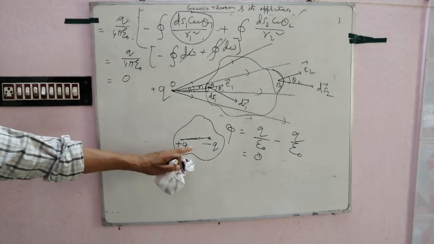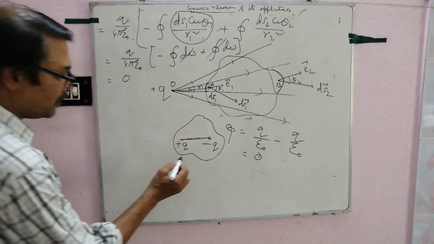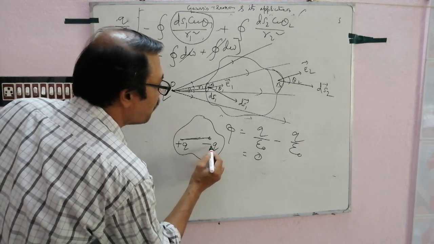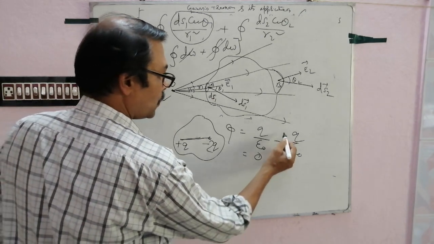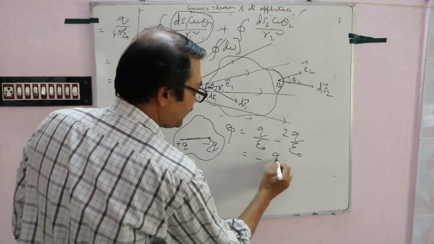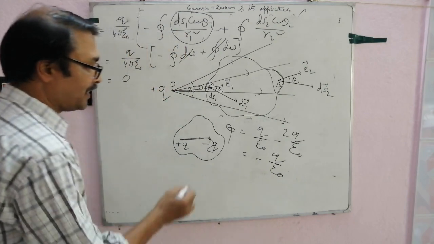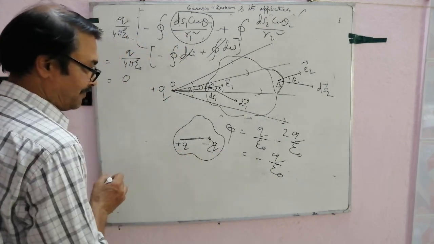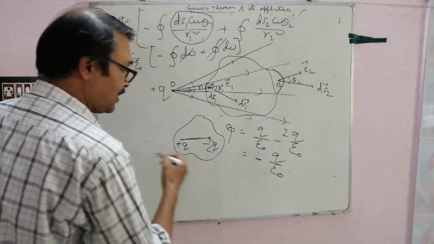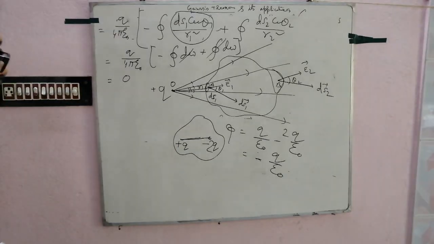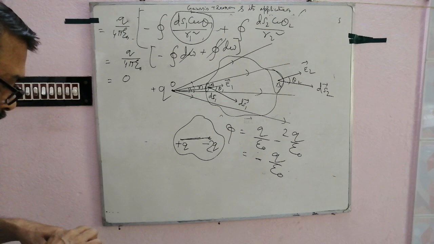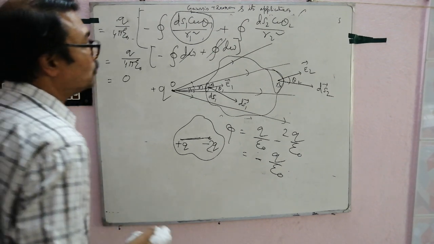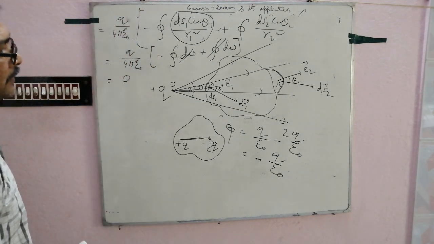Clear? If this is minus 2Q, then the total flux will be minus Q by epsilon naught, that is inward, not outward. Negative sign means inward flux and positive sign means outward flux. Clear? So now go to the application.